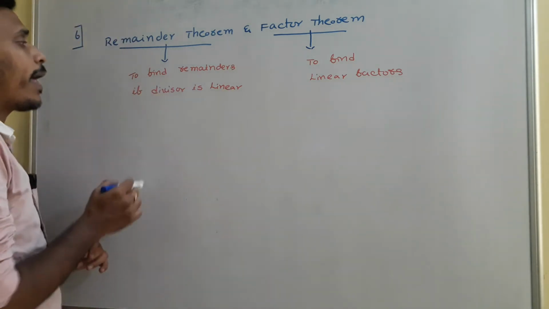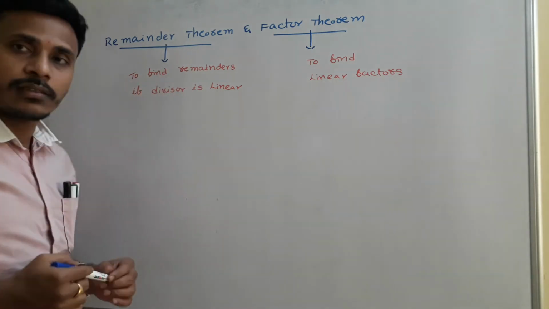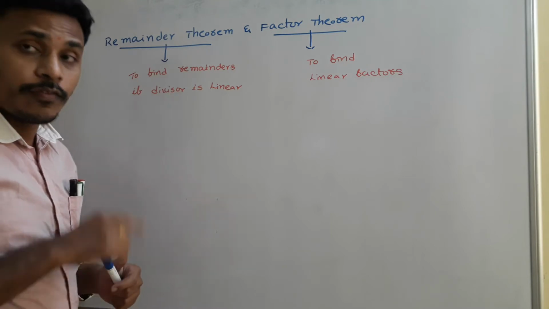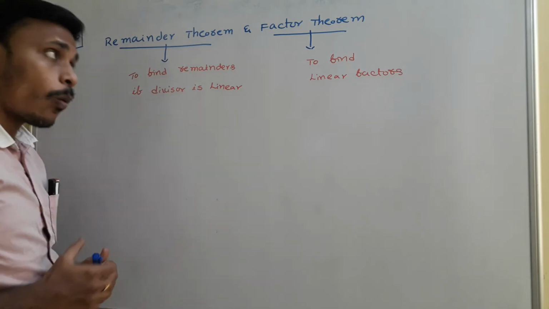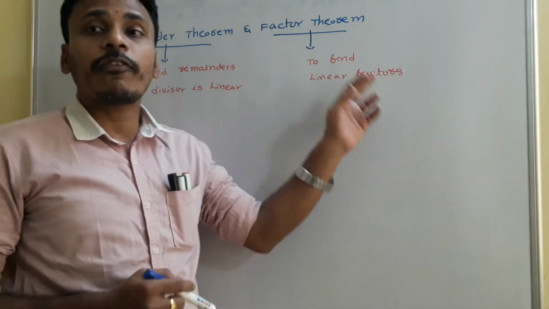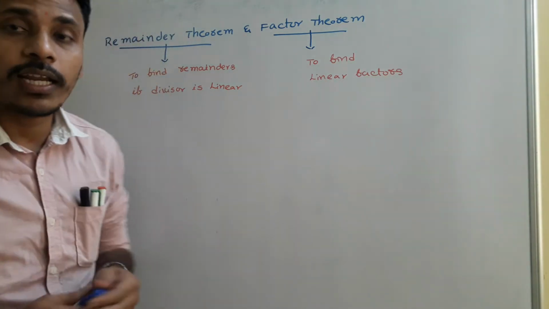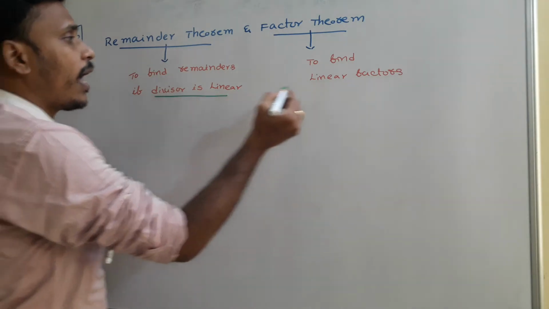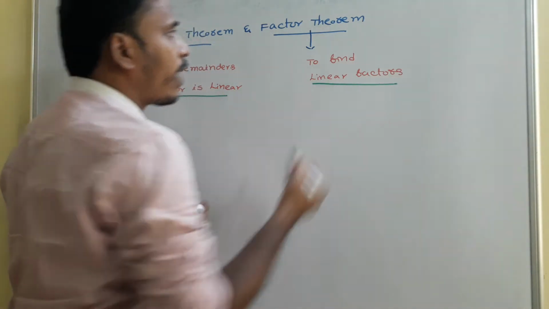See, the remainder theorem helps us to find remainders easily if the divisor is linear, whereas the factor theorem helps us to find linear factors easily. Specifically, here the divisor is linear, as well as here we are finding linear factors.